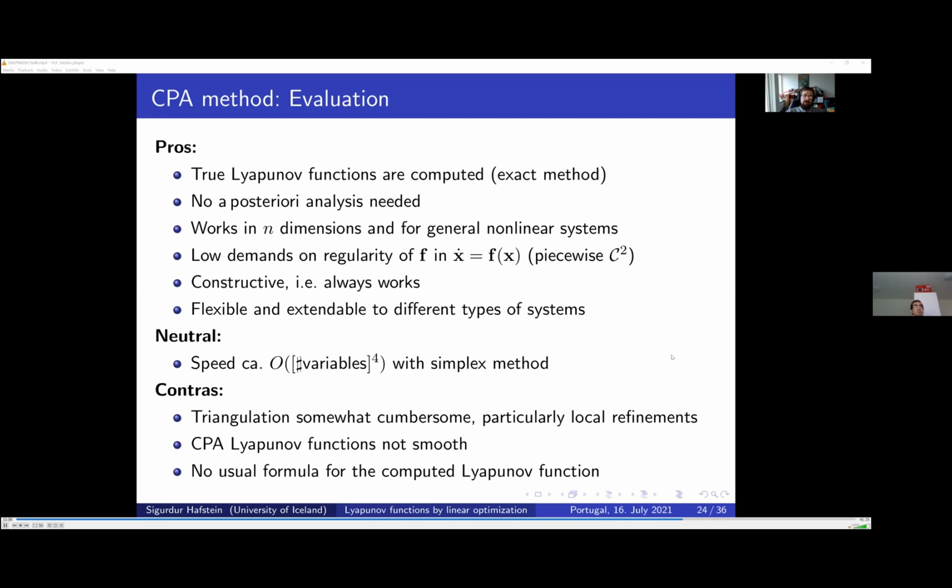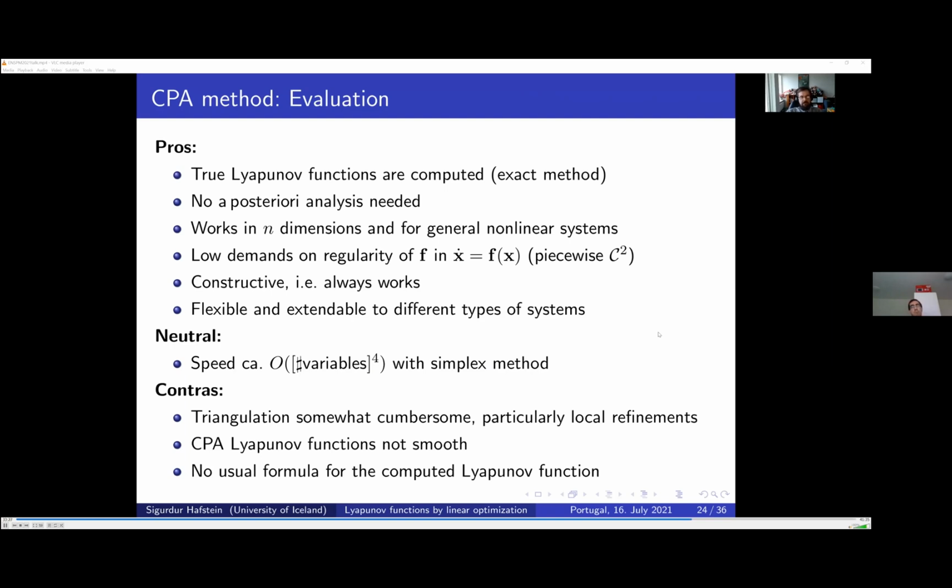Well, what is not so great about it is the speed. We get a linear optimization problem with a lot of variables. And there are much faster methods to compute something. I mean, solving a system of linear equations is the number of variables cubed, here it is to the power 4. So yeah, this could be better.